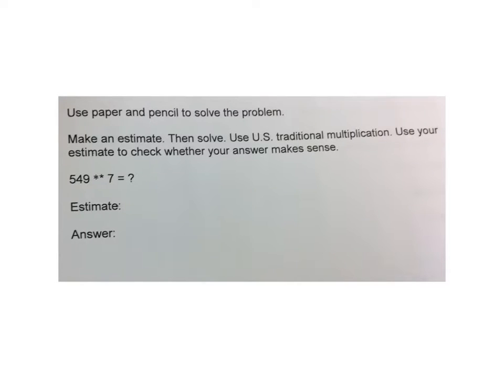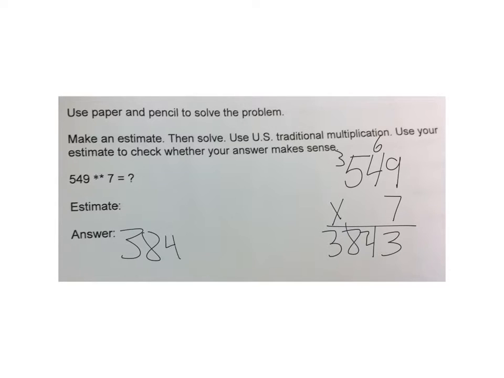Make an estimate, then solve using traditional multiplication. Use your estimate to check whether your answer makes sense. Okay? So I'm going to set up my multiplication. So I'm getting an answer of 3,843.